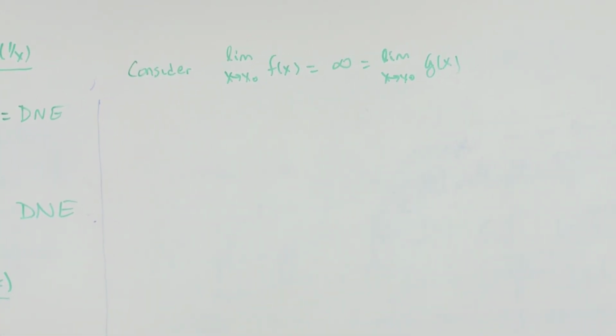I'm going to just assume they're both positive infinity here, just to make the algebra a little bit simpler. But again, you can generalize this. So most of the reasoning is going to go the same as it did before. I'm still going to assume that L is finite here.